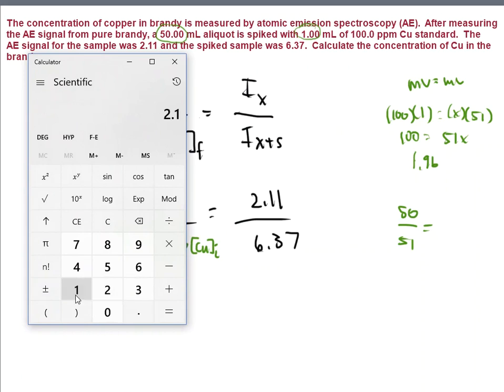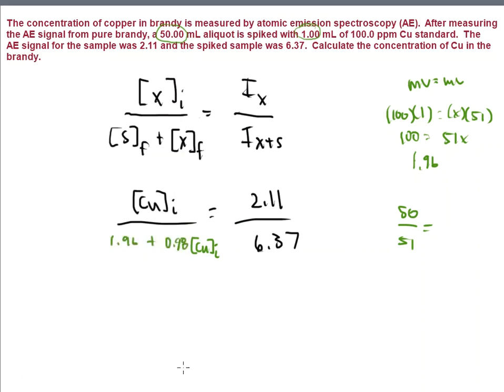So 2.11 divided by 6.37, that gives me 0.3312. And then I have all of this garbage over here that I'm going to have to rewrite again. But that's all right.